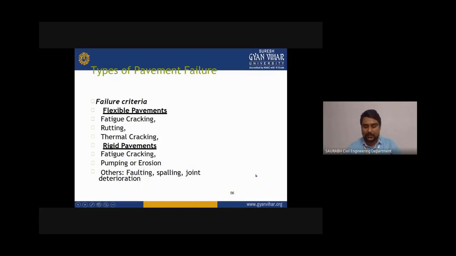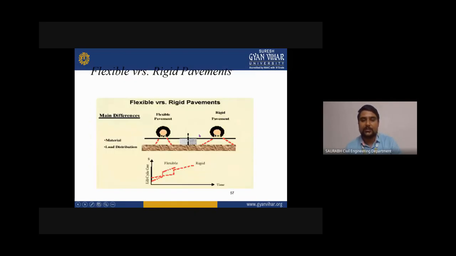And this is about the types of pavement failure, how pavements can fail. And this is your failure criteria. Flexible pavement can fail by fatigue cracking, rutting, and thermal cracking, and rigid pavement by fatigue cracking, pumping or erosion, and other faulting, spalling, joint deterioration.